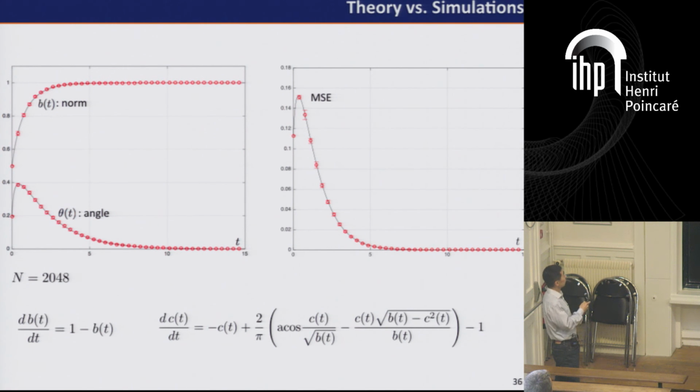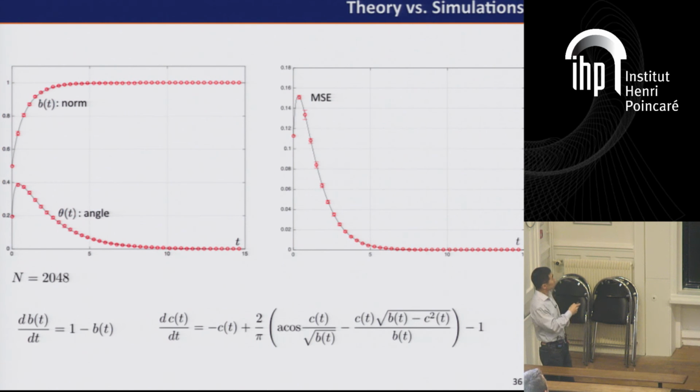And probably you cannot see from where you are, there are actually error bars. But because the concentration is so tight, it's difficult to see them, because the size of the error bars is smaller than the size of these dots for n equal to 2,000. Okay, so we don't need to have very large n for this type of asymptotic prediction to be effective.